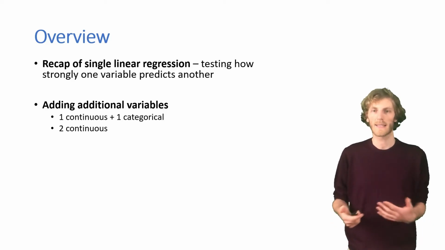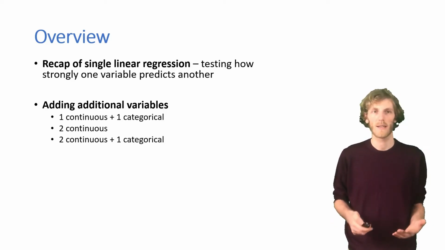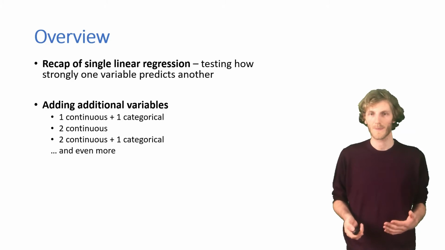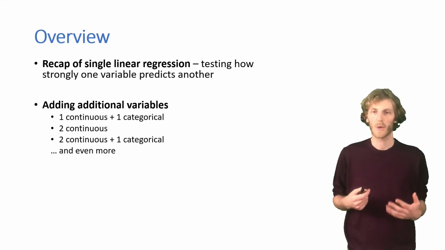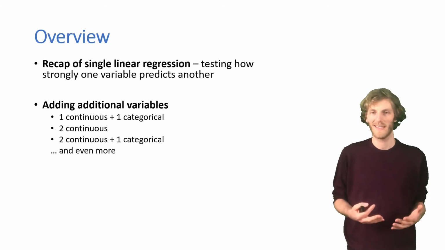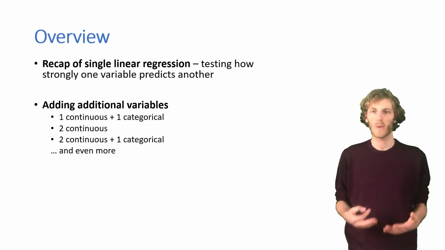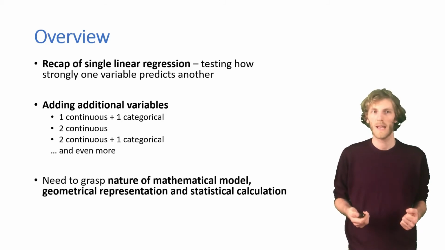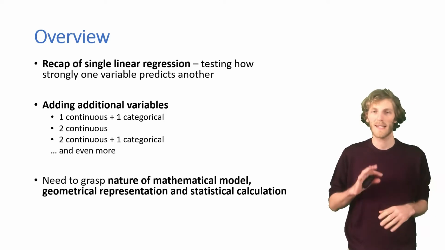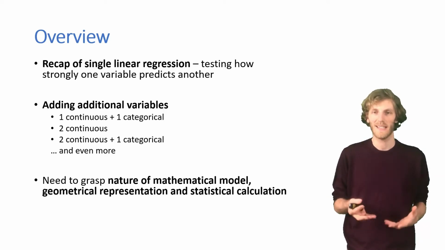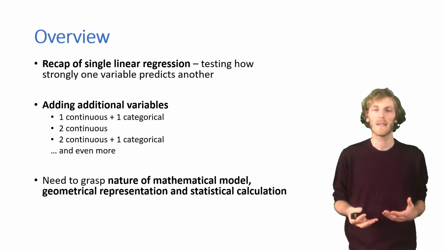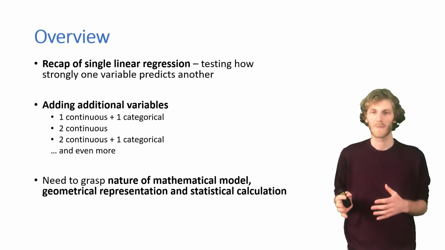So in this video, I'm going to first recap briefly what simple linear regression was all about, because that's the foundation. And then from there, we can extend the simple model by just adding additional variables. We can add different combinations of categorical and continuous variables. I'm going to specifically explore up to this point of having two continuous and one categorical variable, because up to that point we're actually able to think about it mathematically, programmatically, so how do we do it in R, and geometrically.